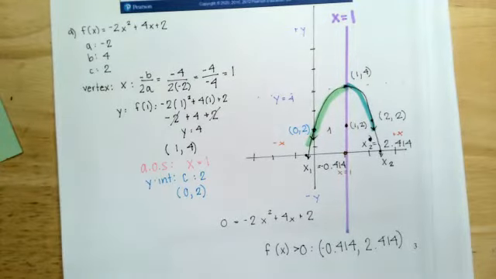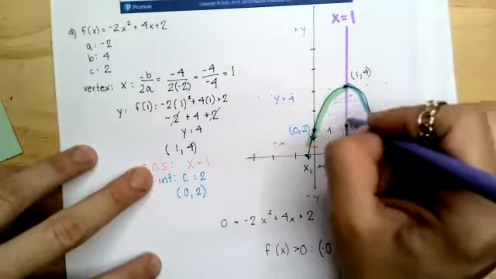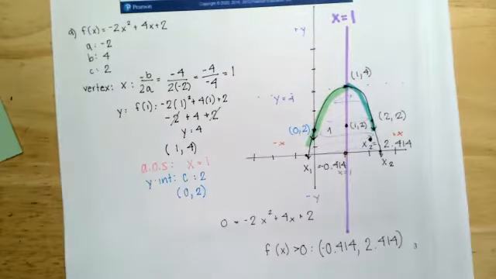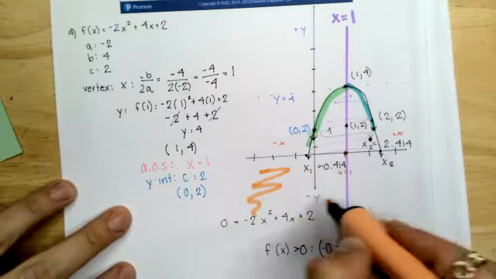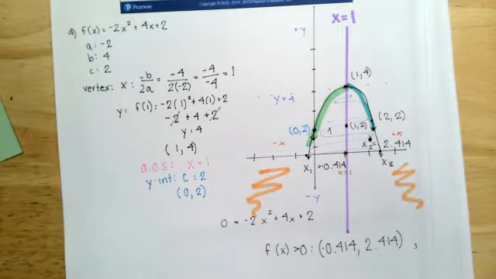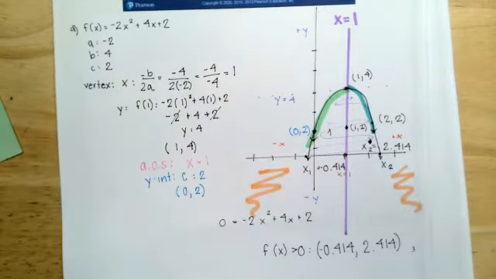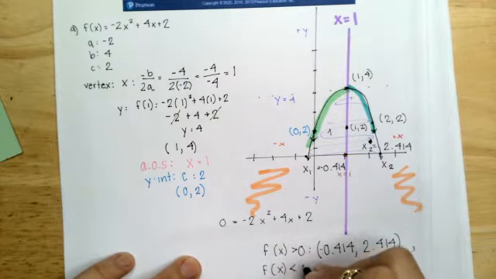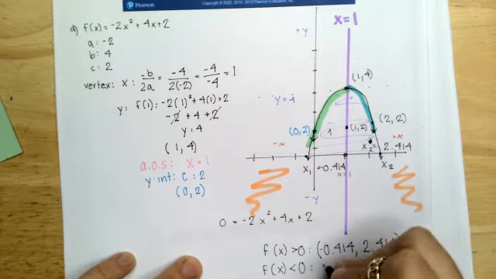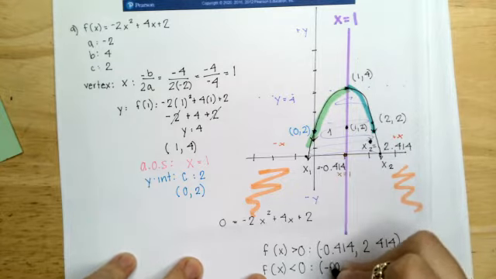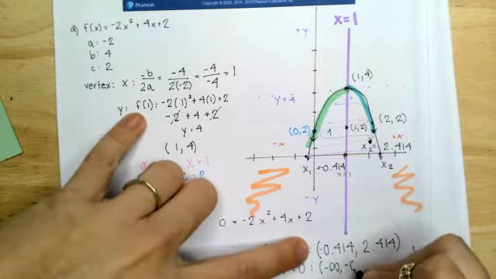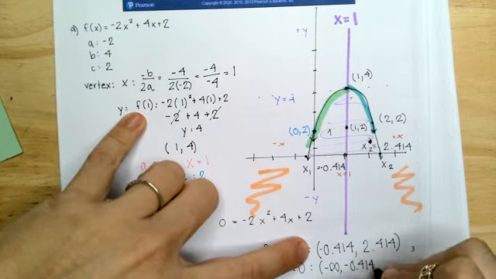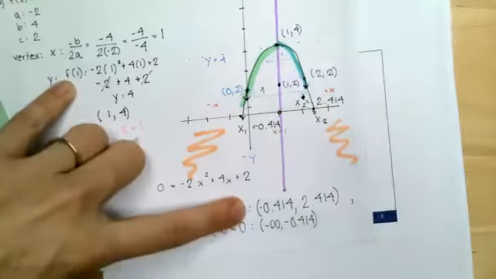We said that was purple, right? All of this. And then where is it below the x-axis? We said it was kind of orange colored. Everything over here and everything over here, right? So f of x is below the x-axis from -infinity to negative 0.414, not including it, right?